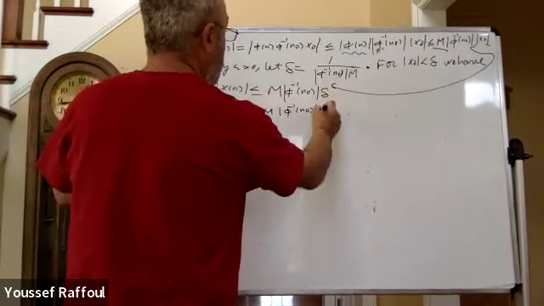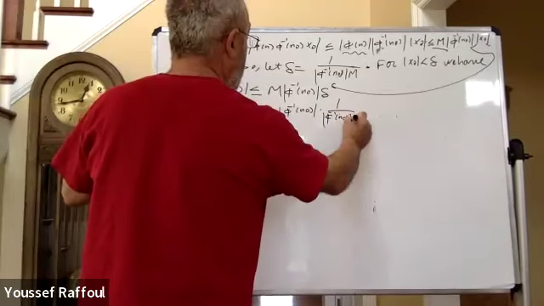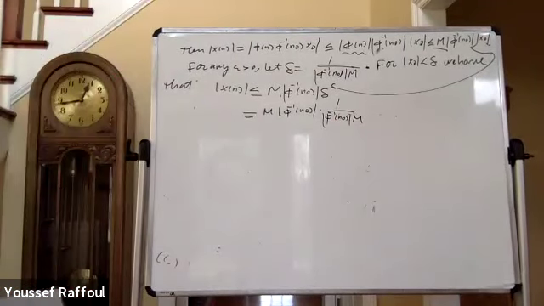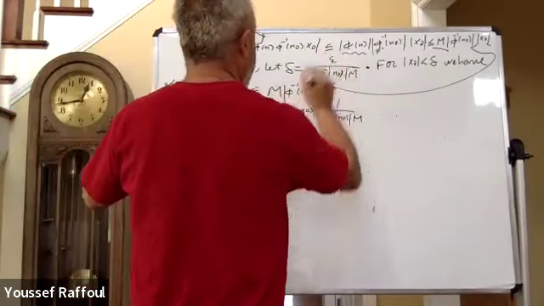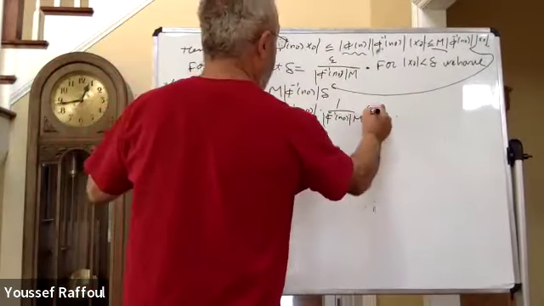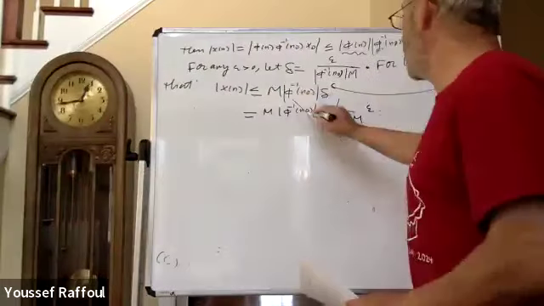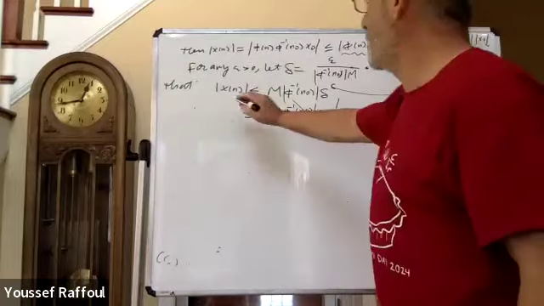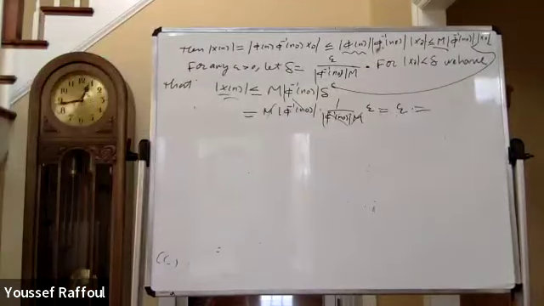What is delta? Times 1 over phi inverse of n_0 m. Okay? And here, sorry, this is epsilon times epsilon. Delta is epsilon over that. And then you can see this cancels with that, this cancels with that, and that is epsilon. So this is what we want to show. Okay?